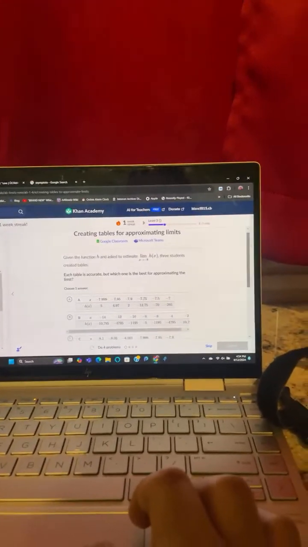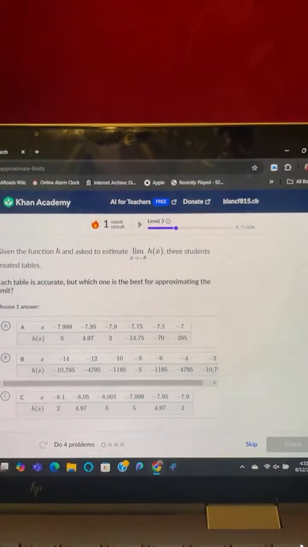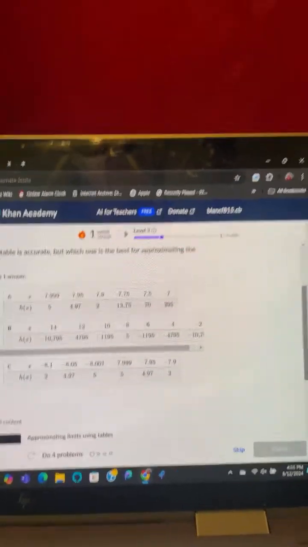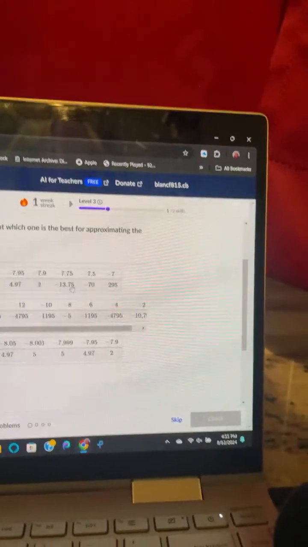Okay, here we go. Given function h, we're asked to estimate the limit as x approaches -8. Each table is accurate. We want the one that approaches a single value from both ends.